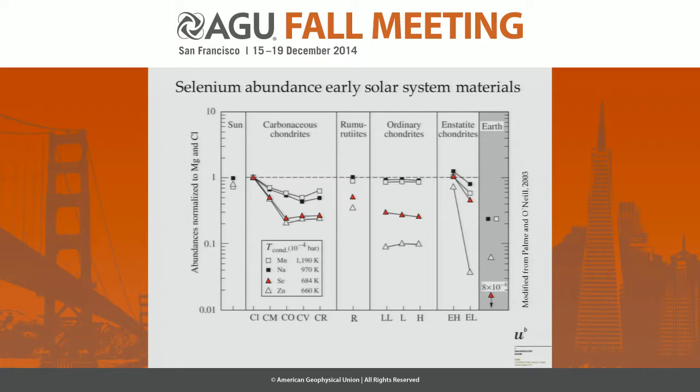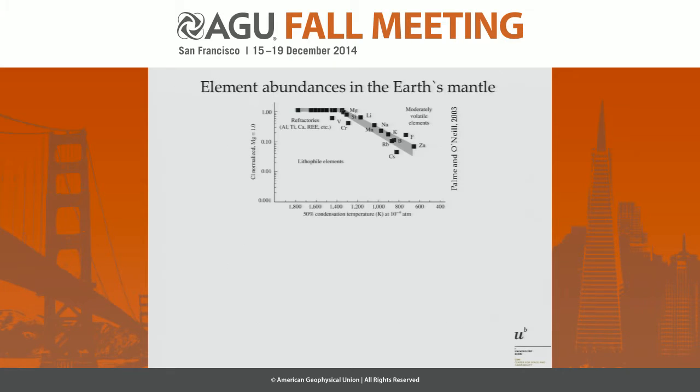That means that a large portion of selenium is sitting in the Earth's core, and that explains the low concentrations in the Earth's mantle. If we just focus on element concentrations in the Earth's mantle, I will show you a slide which Chris showed you just before. You can see element abundances, also normalized to CI, of the lithophile elements, also as a function of condensation temperature.